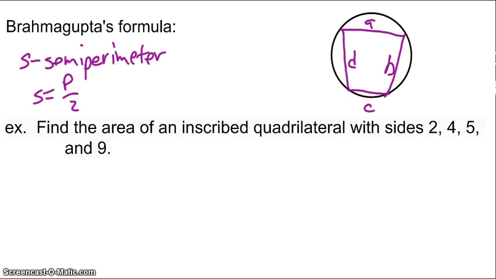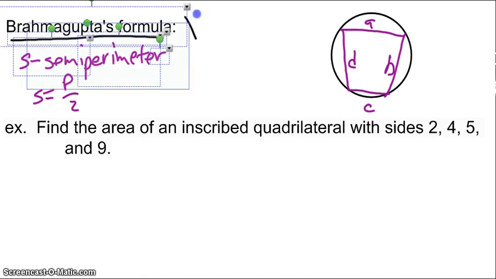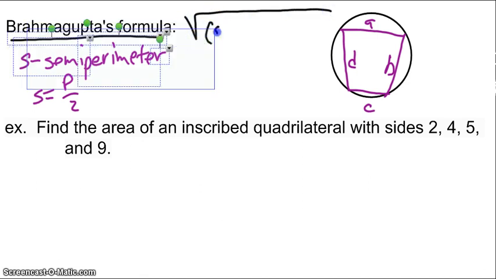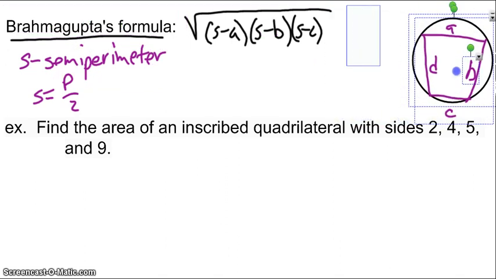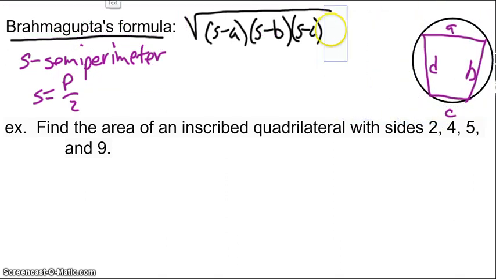So with the semi-perimeter, the actual formula for Brahmagupta's is the square root of S minus A, S minus B, S minus C, and I'm running out of room, so let me go ahead and move a couple things here. And then S minus D. So take the semi-perimeter, subtract each side, multiply them together, and then take the square root of all of those.